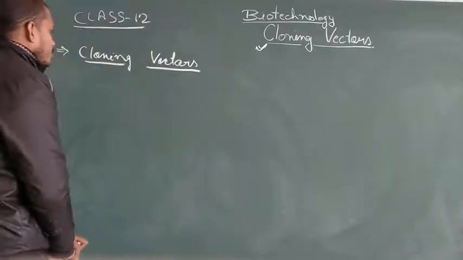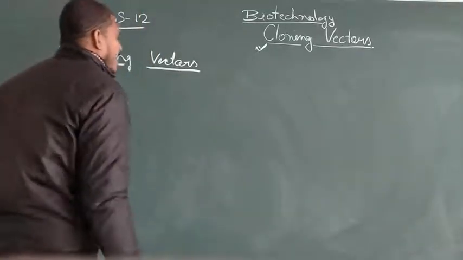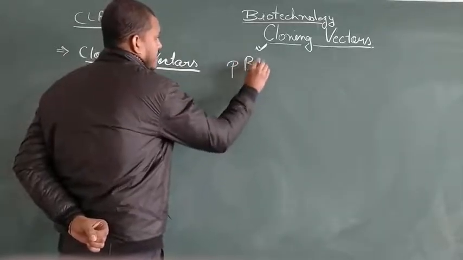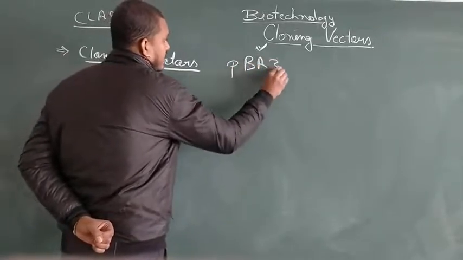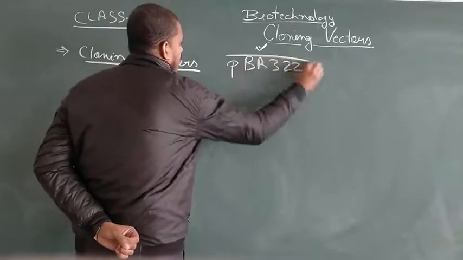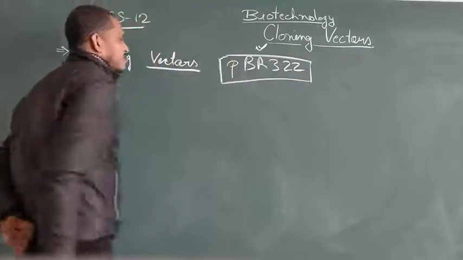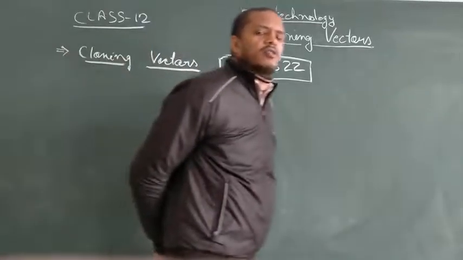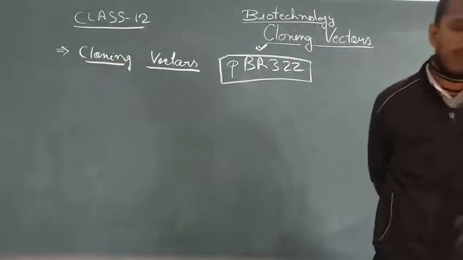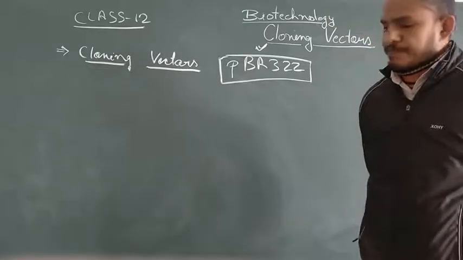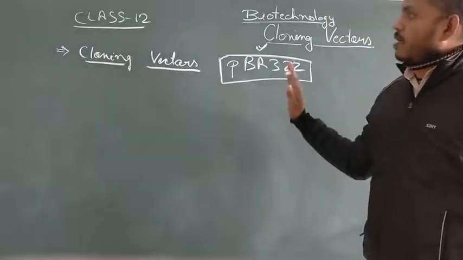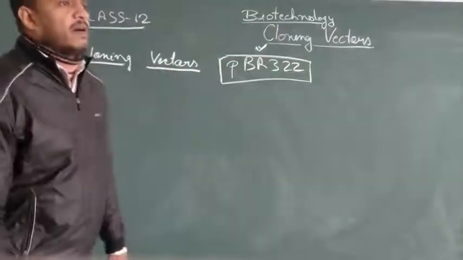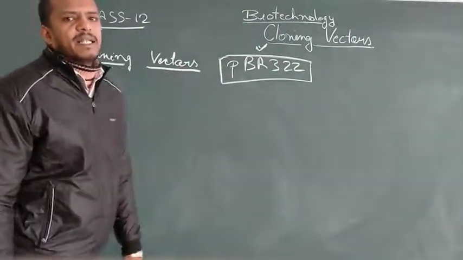What happens in a cloning vector? There are a few examples given in your book, that is pBR322. It is a type of vector. But in the introduction of cloning vector, an example is the bacteriophage. A bacteriophage can infect a bacterial cell.